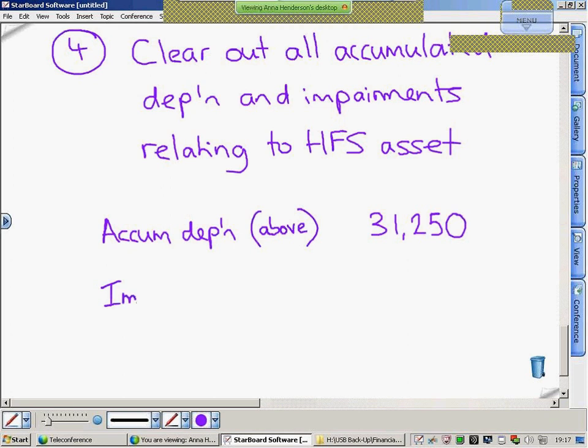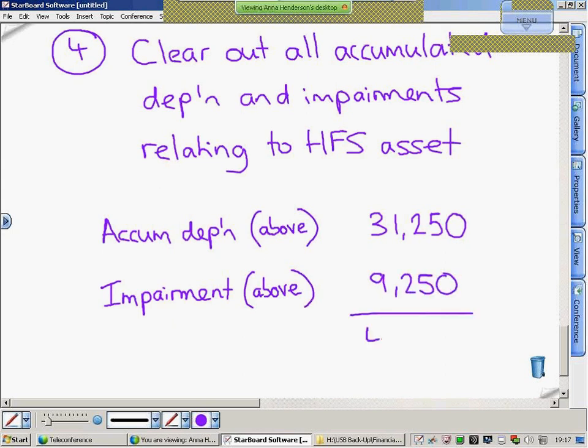The impairment, again calculated above, needs to be taken out of the note. A lot of people don't like about the PP&E note and held for sale that you are basically putting 9,250 in just to strip it back out again.